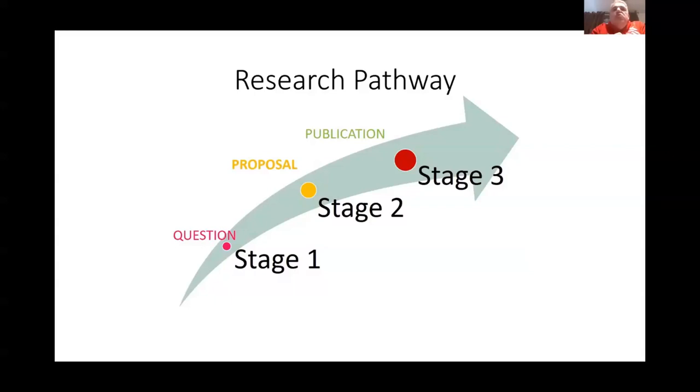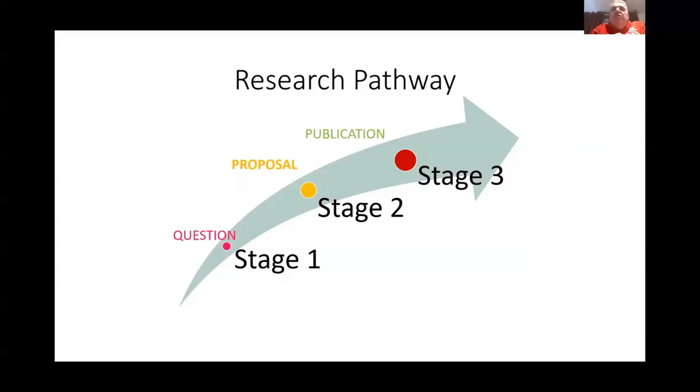We also know that the research pathway has three main stages. Stage one is the question stage that is built on the research idea and how to formulate it in a research question. Stage two is the research proposal that usually is written for two main purposes.